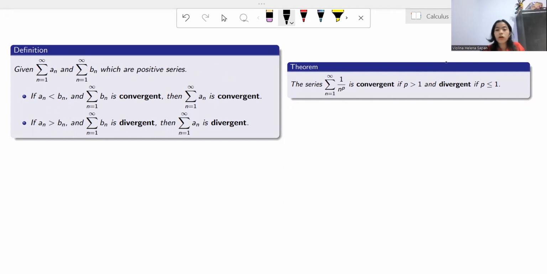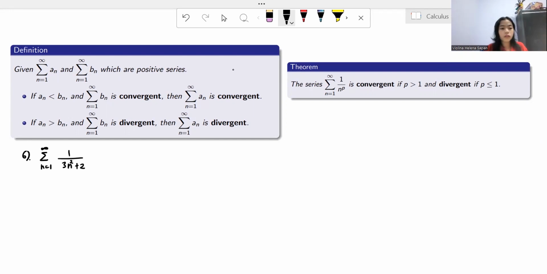Okay, so next is the direct comparison test. You can see here that I put the theorem for the direct comparison test on the left side, and on the right side I put the theorem for the p-series test, because that theorem will be useful for our calculation later.